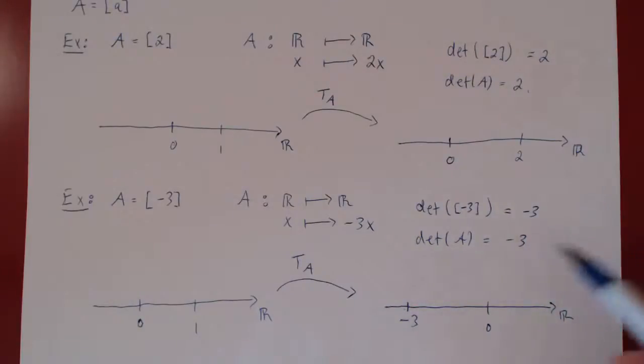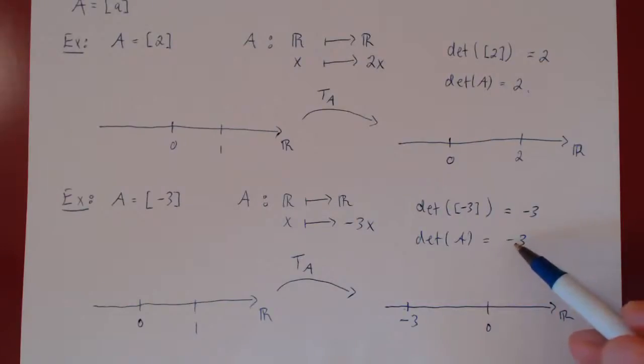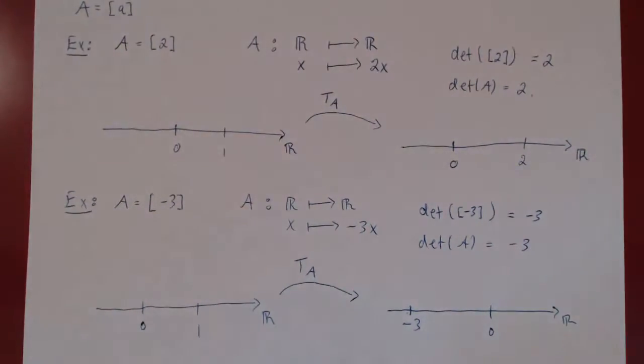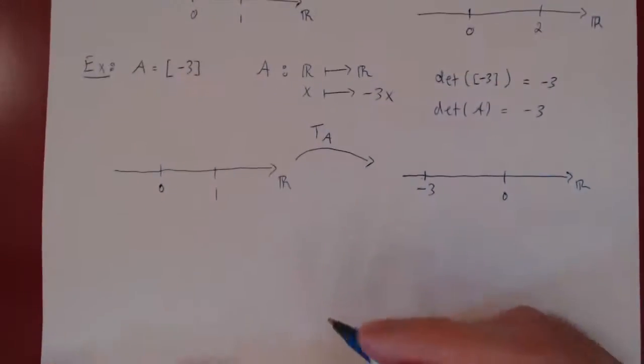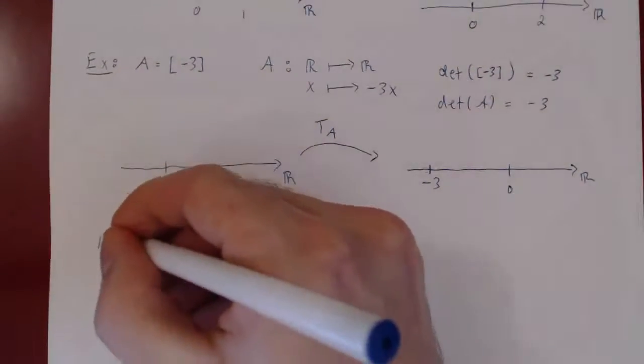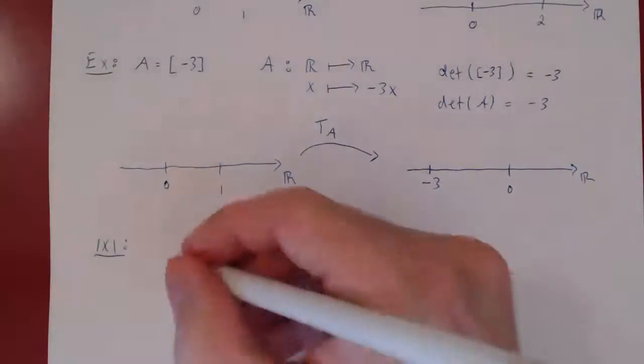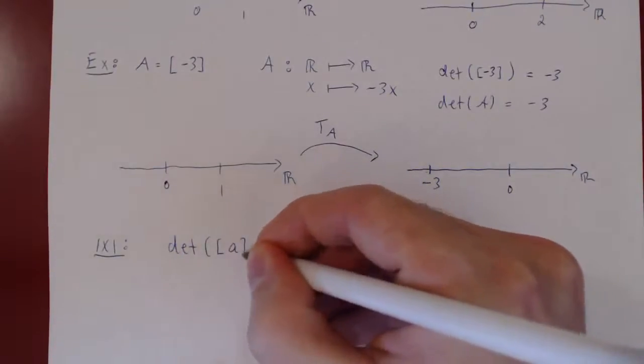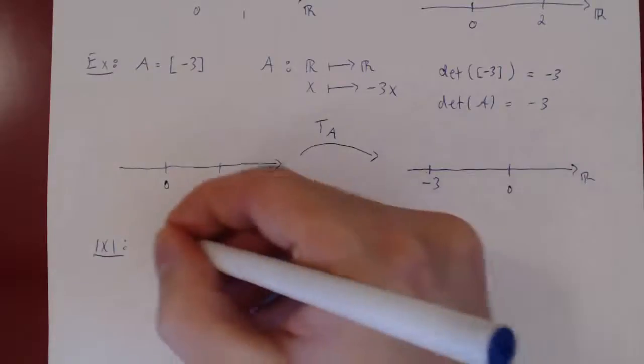Given that here the determinant was negative 3, everything is 3 times longer, but there has been a reflection about the point x equals 0. That's the determinant for a 1 by 1 matrix. So in general, for 1 by 1 matrices, the determinant of such a matrix, again we have a single entry, is just the entry of the matrix.